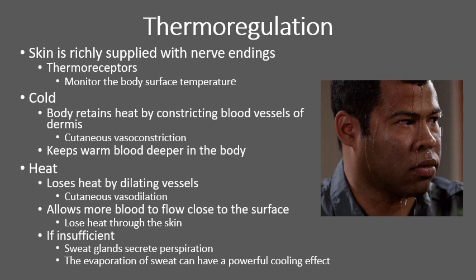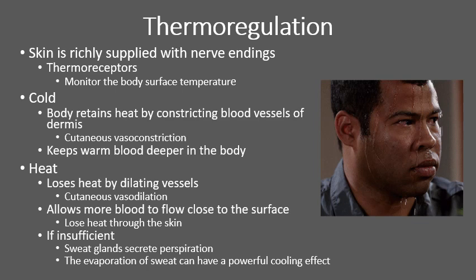When it comes to hot weather, we lose heat by dilating the vessels. So exactly the opposite of cold. So cold constricts the blood vessels and heat dilates the blood vessels. And this is called cutaneous vasodilation. This allows more blood to flow closer to the surface of the skin, and then you lose heat through the skin.